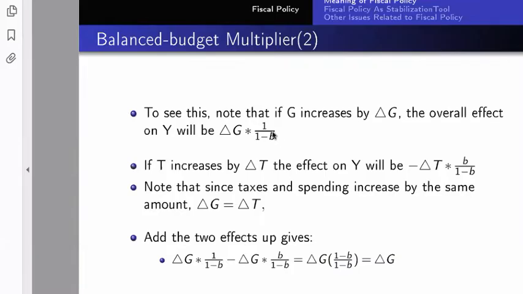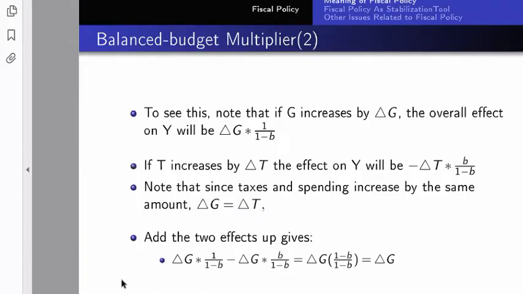So we are adding the change in G, plus, but because of this negative, then it becomes minus. And here it is change in T, but because of the assumption that change in G and change in T are the same, we put here change in G. Then this can cancel this, and we are left with the change in G.